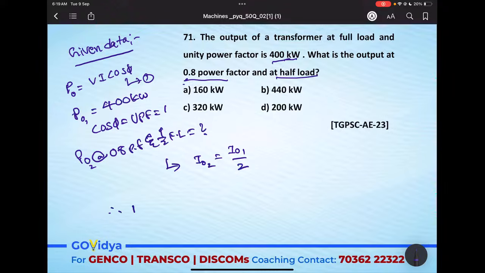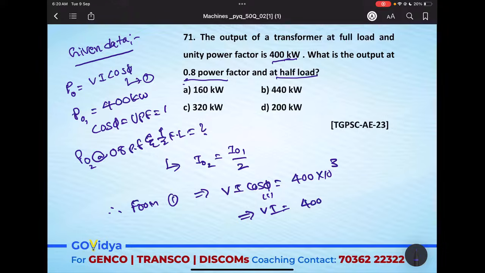Therefore P naught from equation 1, VI cos phi equal to 400 kilowatt. I converted into watts. Cos phi they given as 1. From this we can calculate VI is equal to 400 into 10 cube. Let's take it as equation 2.